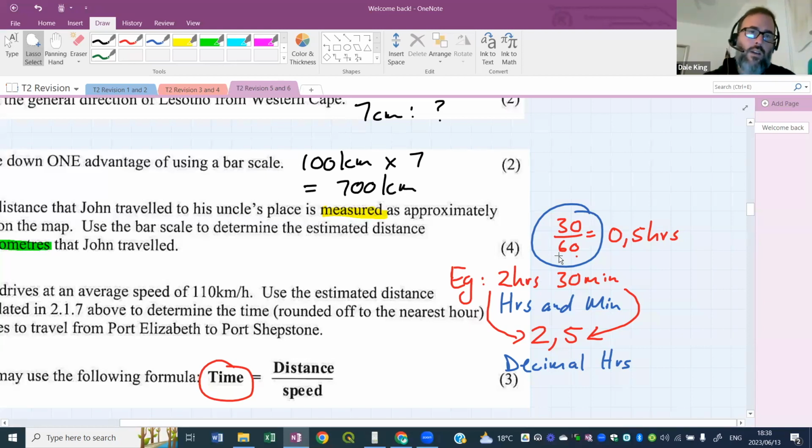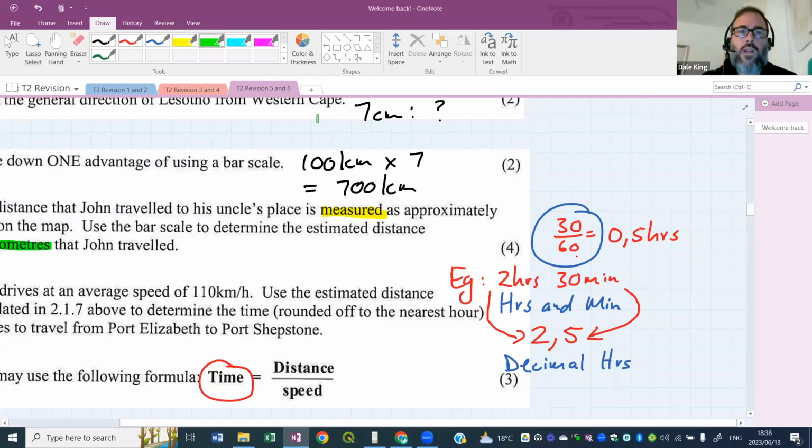Okay, so you get 2 different formats to write time in. Yes, you get the 12-hour format and the 24-hour format, but there's also 2 different ways here, hours and minutes and decimal hours. Okay, who can tell me which one of these does my speed, distance, and time formula give me? Which one does this formula want? Good question. Why do we only do it with the minutes?